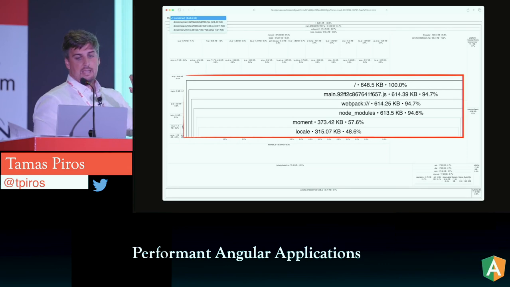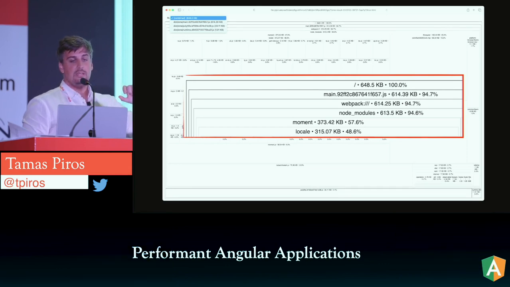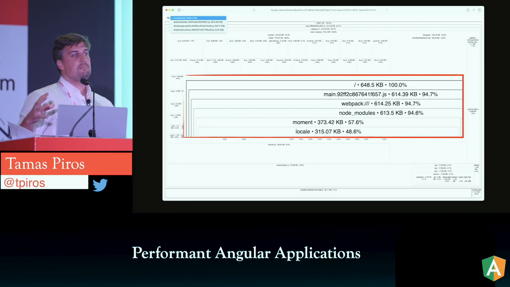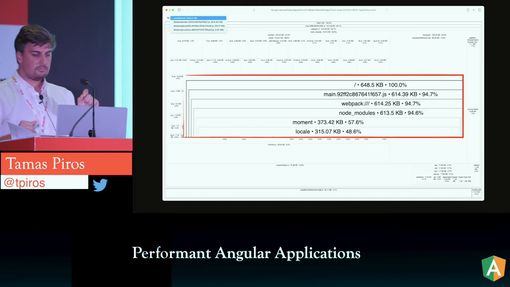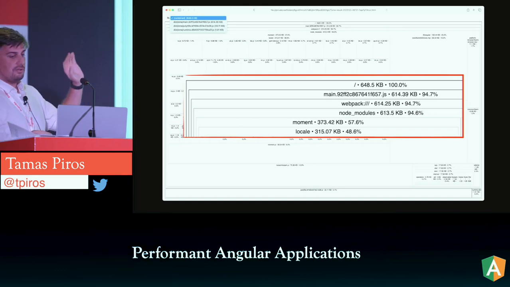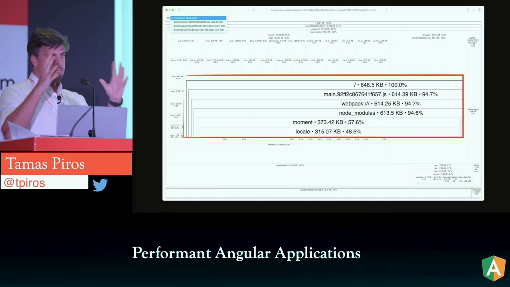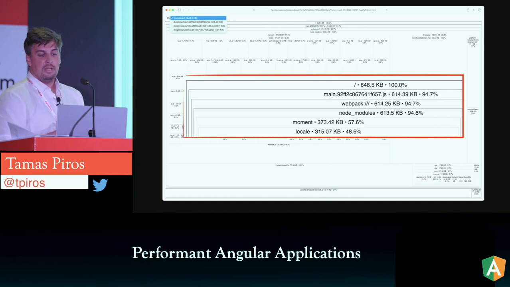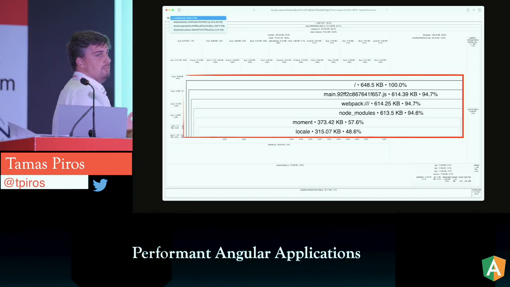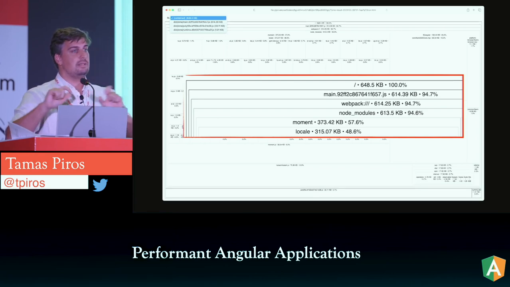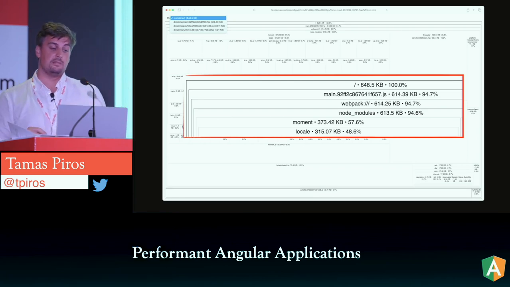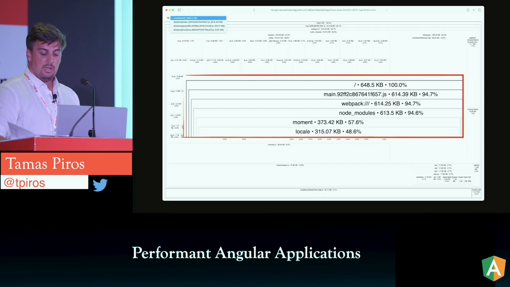What you get is a breakdown of all the dependencies and all the files that make up your bundle, and you get a percentage for them, okay? So in this case, out of the 648 kilobytes of the overall bundle, about half of it is moment.js, okay? And you can basically click around and dig deeper into these various aspects.